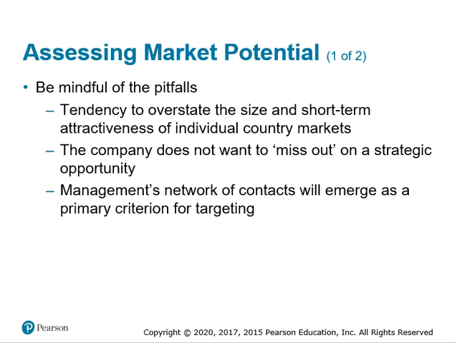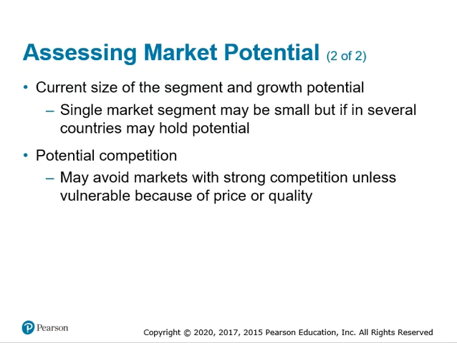There's also an inclination to target a country because shareholders and competitors exert pressure on management to not miss out on a potential opportunity. And finally, the danger is that management's network of contacts will emerge as a primary criterion for targeting. That means market entry occurs based on convenience rather than on rigorous market analysis.